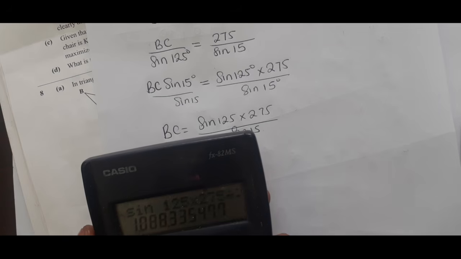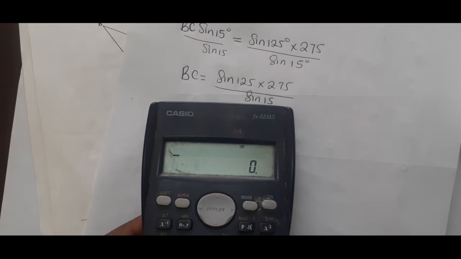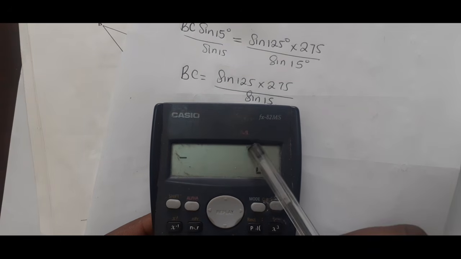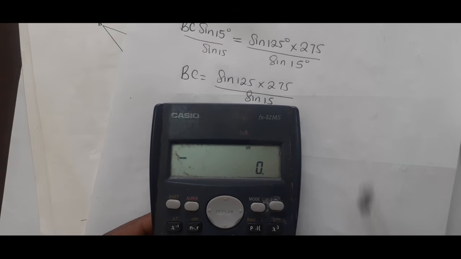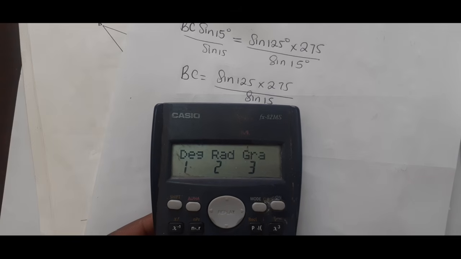Let me check before we confirm the answer. Oh yeah, I think we have to change the mode of our calculator here. It's in gradient, so we need to take it to degrees. Yes. Okay, let's try it now and see what we are going to get.